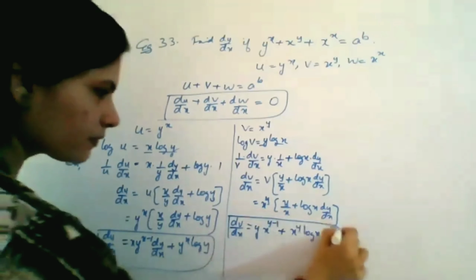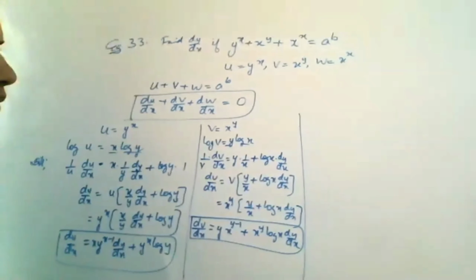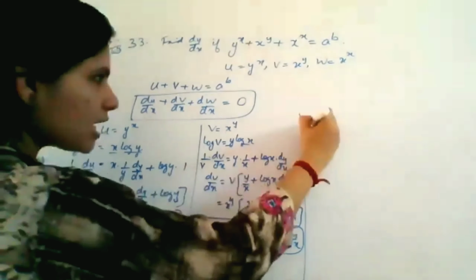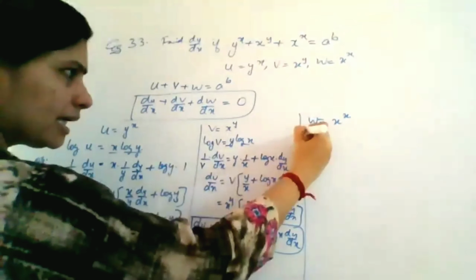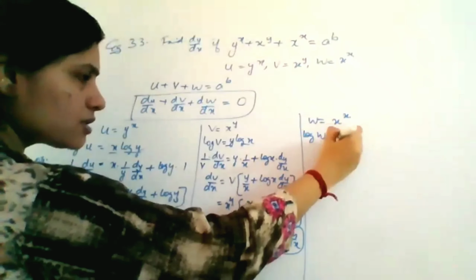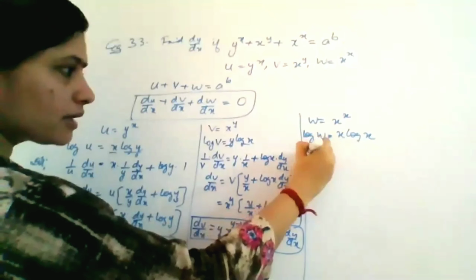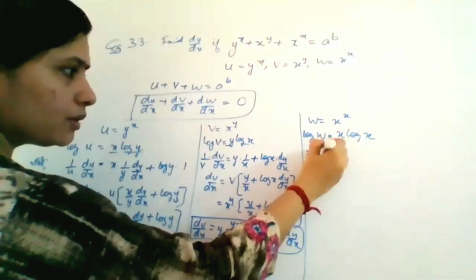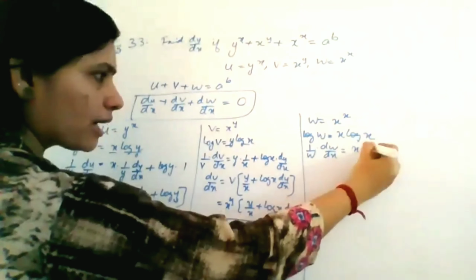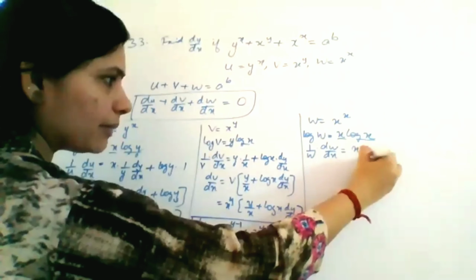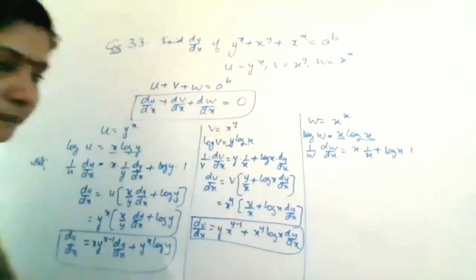Now one more thing which you need is your dw by dx. For that, we start with w equal to x raised to x. Taking log on both sides, log w is equal to x log x. Differentiating both sides, you'll get 1 by w into dw by dx equal to x into 1 by x plus log x into derivative of x is 1.